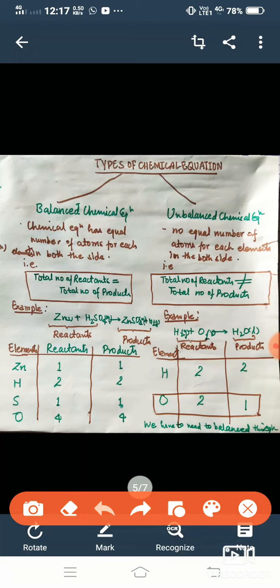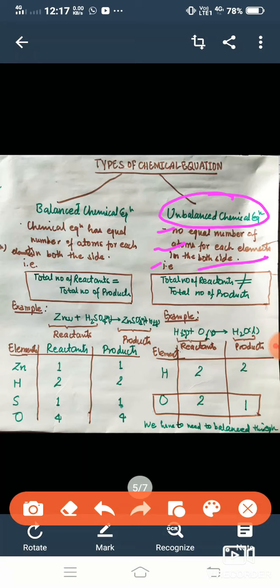Okay, now the unbalanced chemical equation. The chemical equation in which there is no equal number of atoms of each element on both sides is called an unbalanced chemical equation.